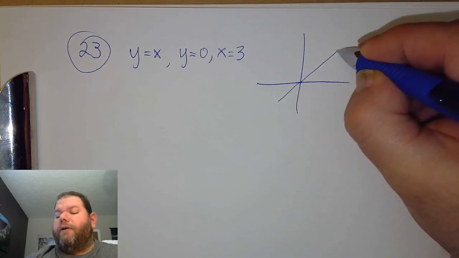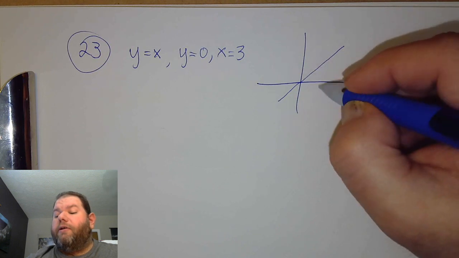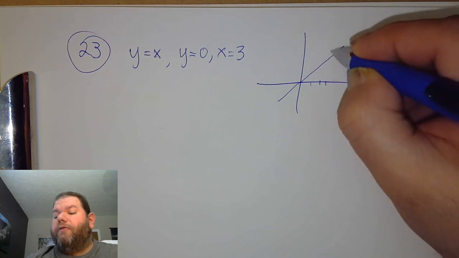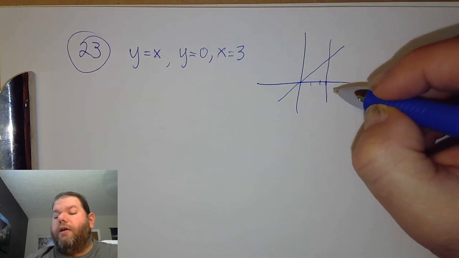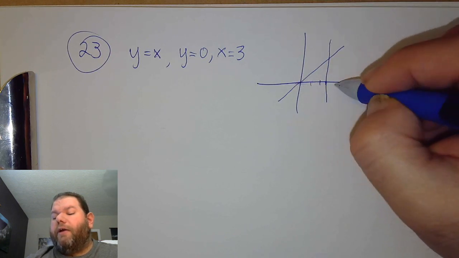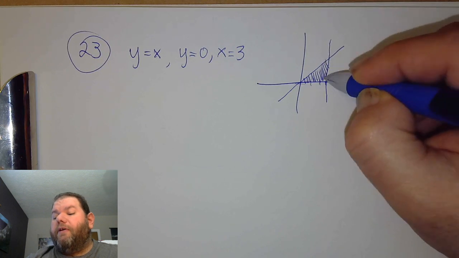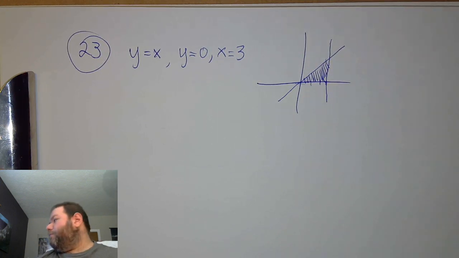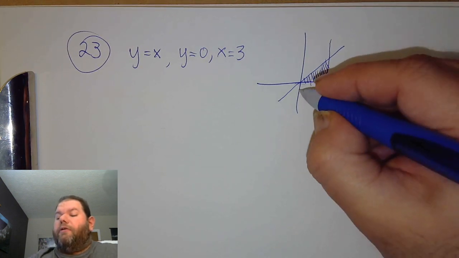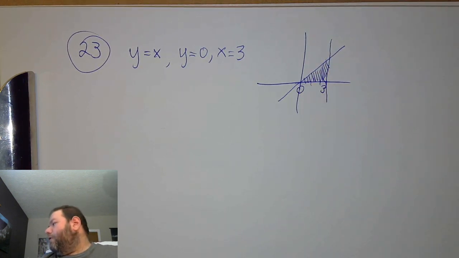So we have y equals x is our diagonal line, x equals 3 is a vertical line, and y equals 0 is the horizontal axis. So that perfectly encompasses this figure. That's at 3, 0. So in this case, this is the shaded region that we're utilizing.